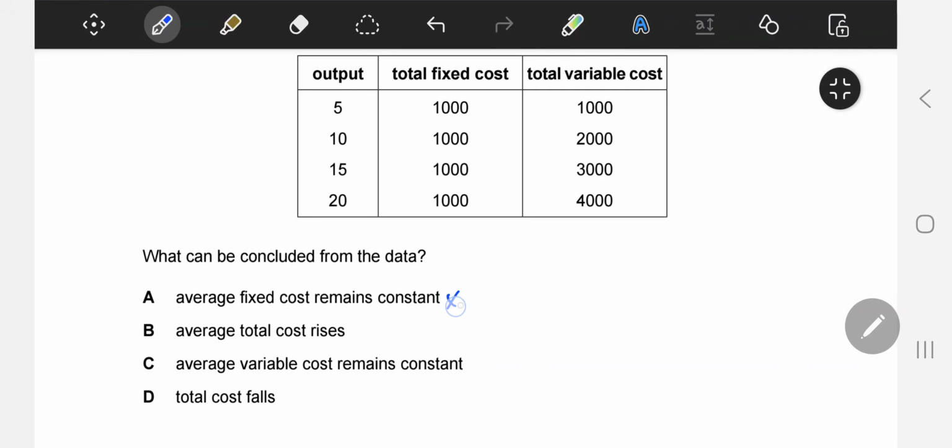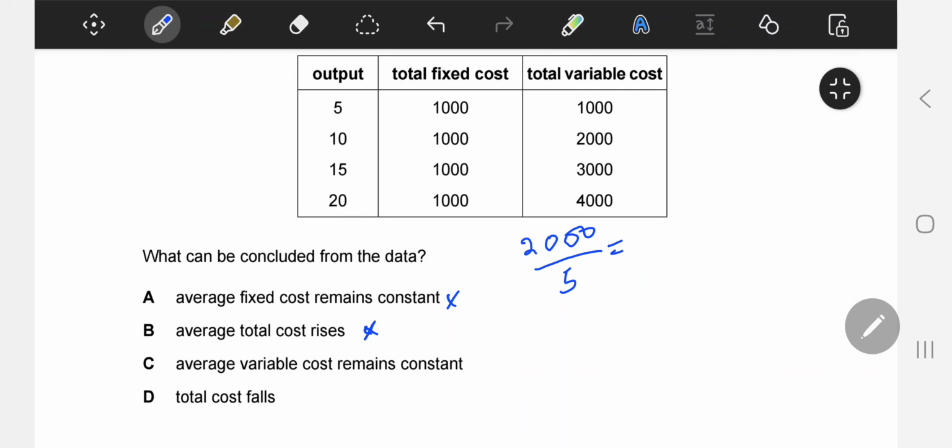Average fixed cost does not remain constant, because as the product increases, when you divide 1,000 by 5, you're going to get a different number, 1,000 by 10 a different number, so it's not fixed. Average total cost rises? No, it actually goes down. Let's try that. We start with 2,000 as the total cost divided by 5.